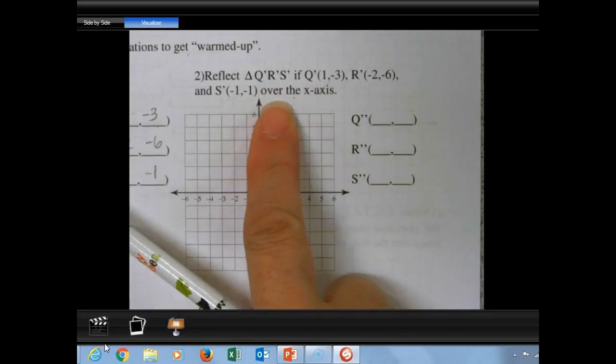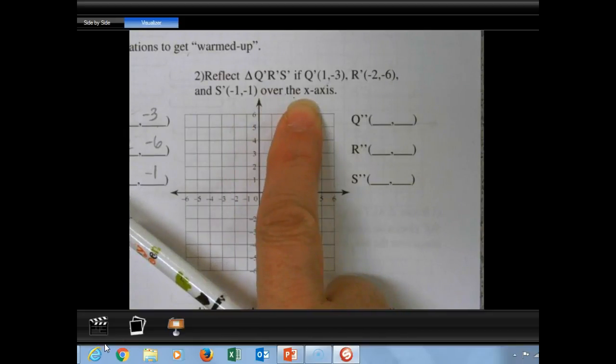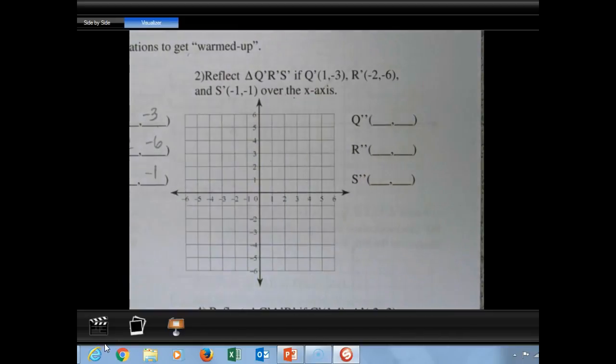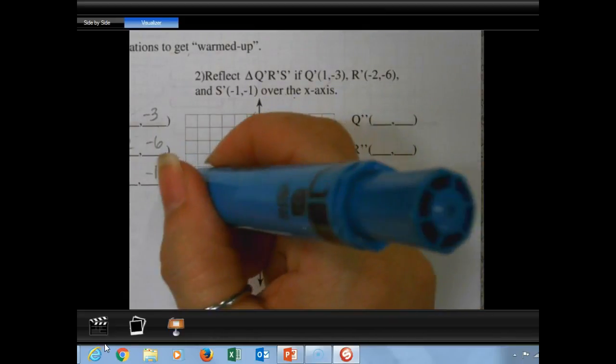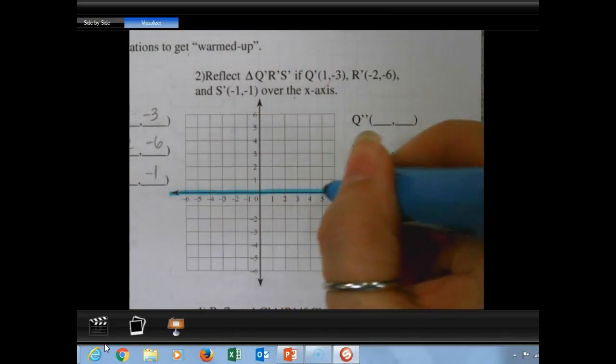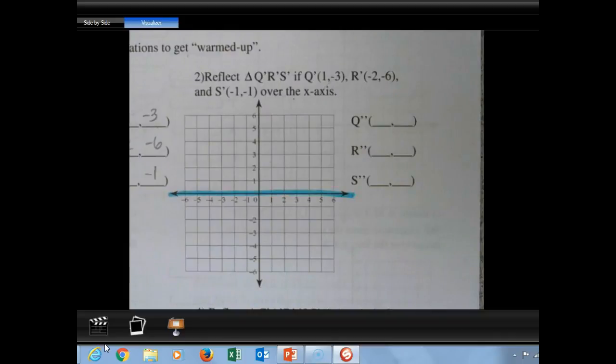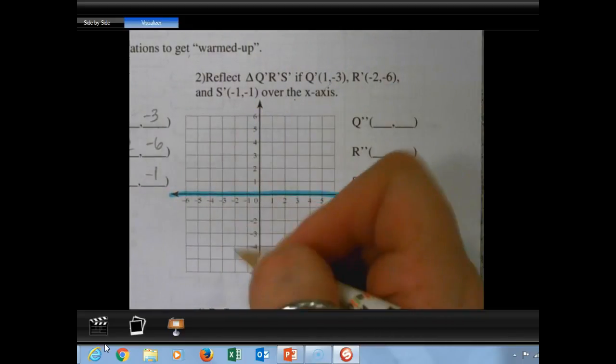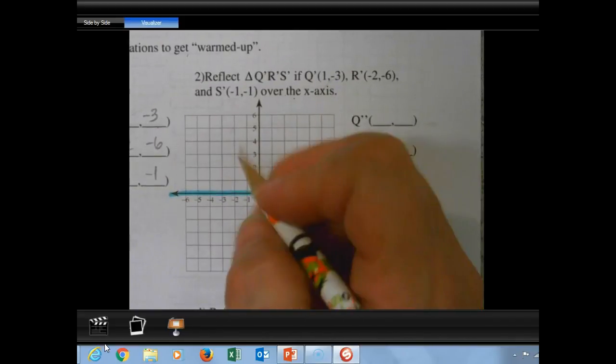What's it say? Okay, so I'm going to take my highlighter and highlight my line of reflection. It says over the x-axis, so I know that I'm going to reflect it over this. Okay? So I'm going to go ahead and graph my Q prime.